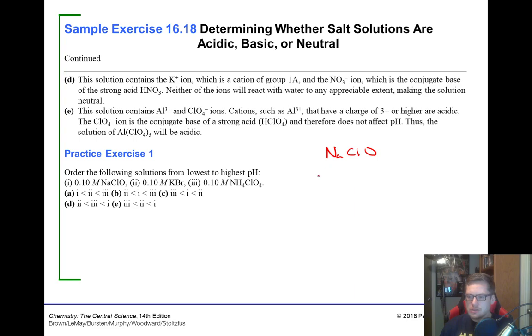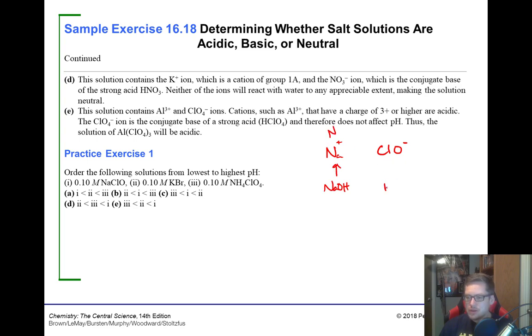All right, so this guy would have been Na plus and ClO minus. Here, let me move this guy over. All right, so Na plus would have had to come from sodium hydroxide. That's a strong base, so that's a one-way street. That guy's neutral.